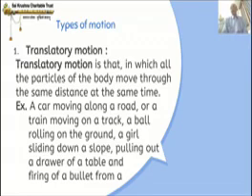So when a body changes its position with respect to its surroundings as the time changes, then we say the body is in a state of motion. And we also learned that rest and motion are relative to one another.